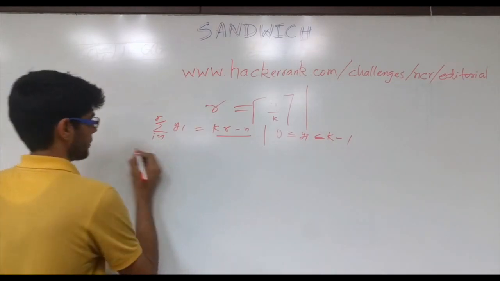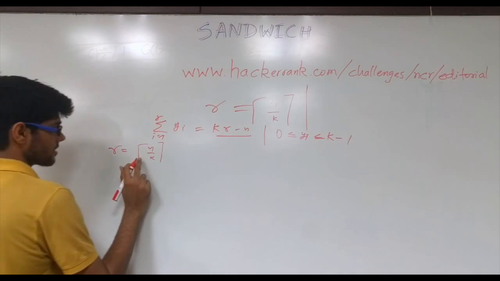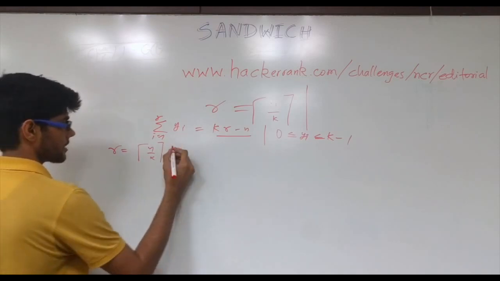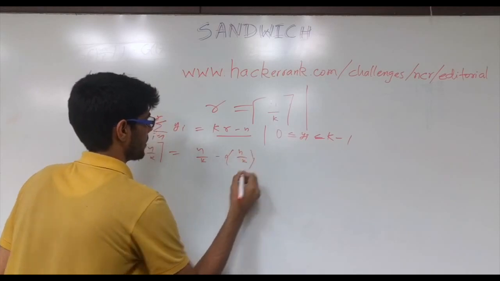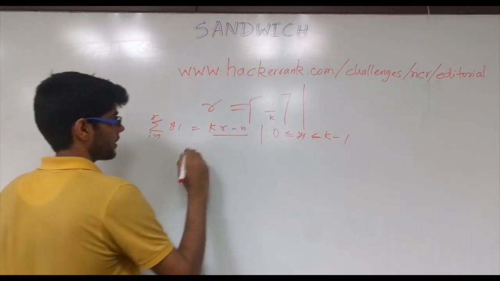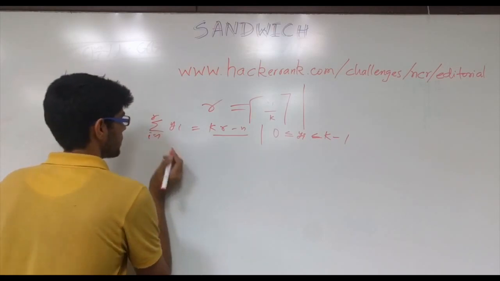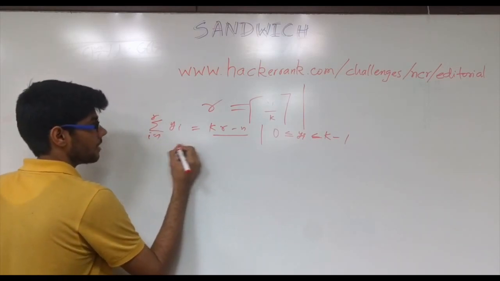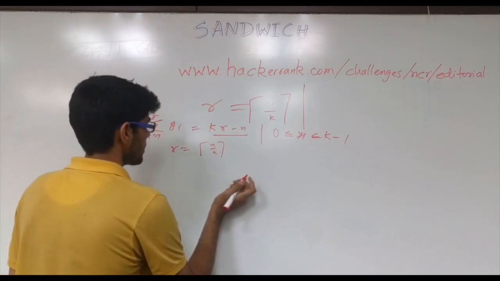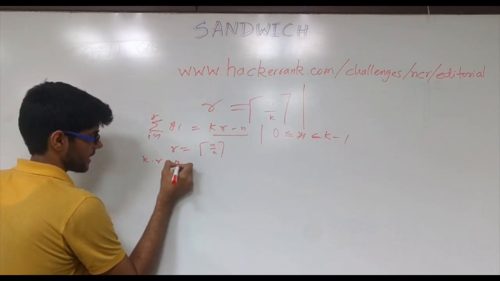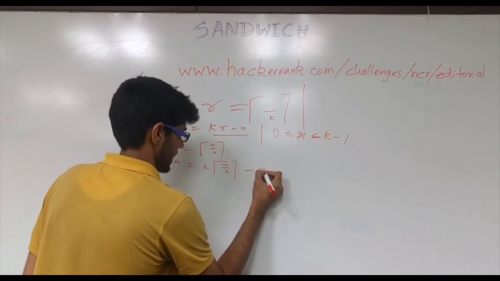This is because r equals ceil(n/k), so k times r minus n equals k times ceil(n/k) minus n.